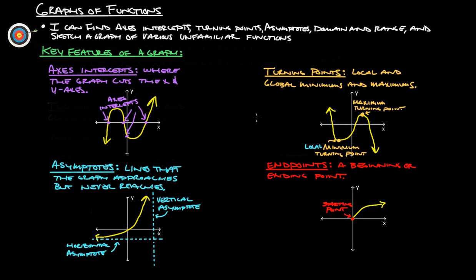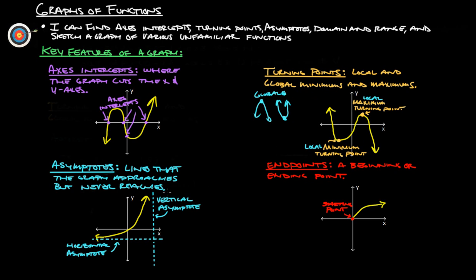So for example, this here would be a global maximum, and then this here would be a global minimum, because it never gets lower at any point on those graphs. So these are globals, global minimum, maximum, and then these are local minimum and maximums.